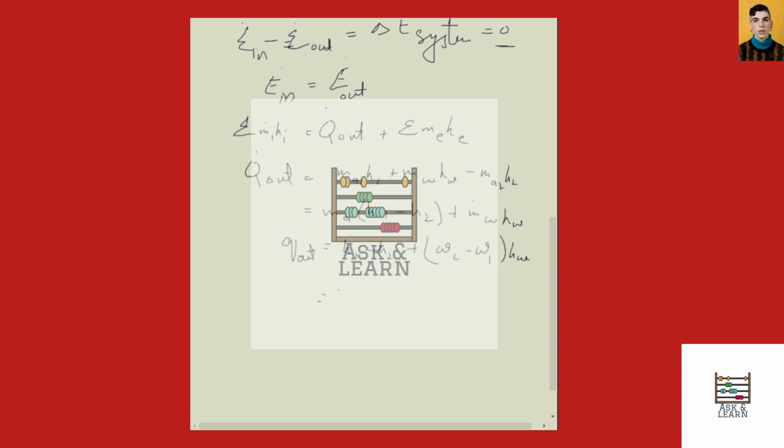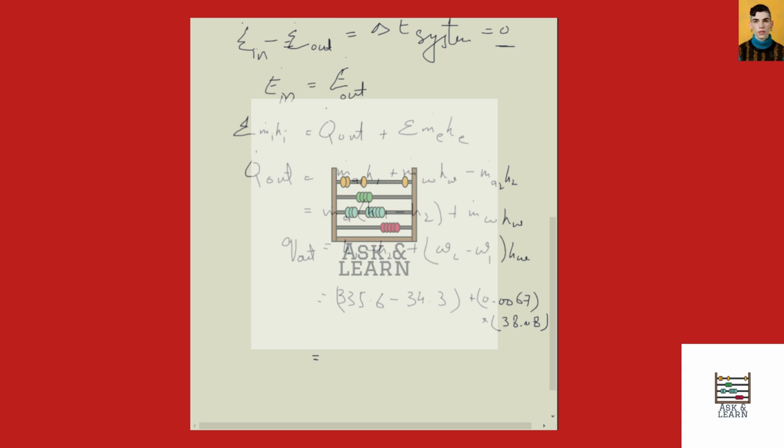Now put the values: 35.6 minus 34.3 plus ω2 minus ω1, which comes out 0.0067, multiplied by 38.08.